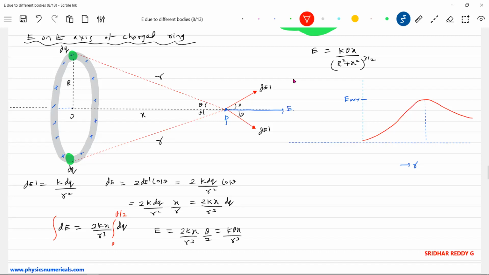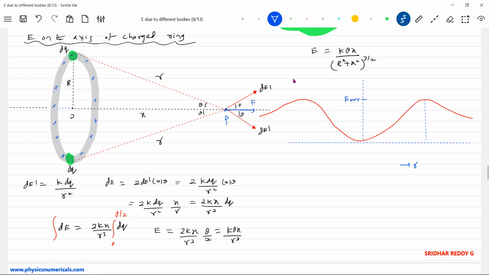And the variation will be symmetric about the axis here.